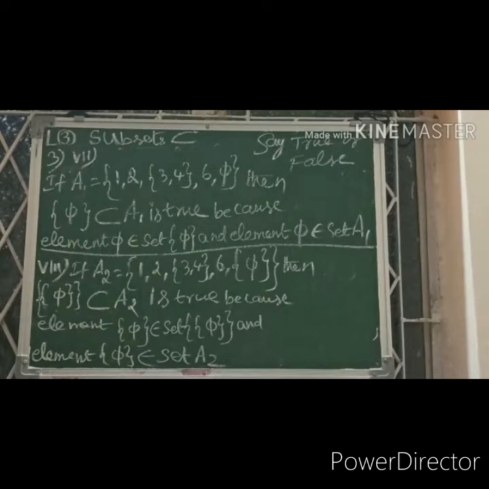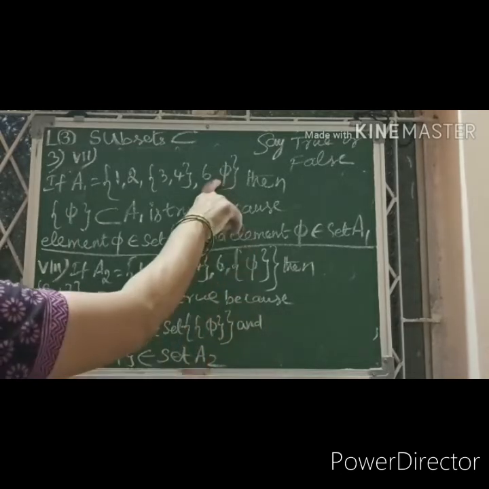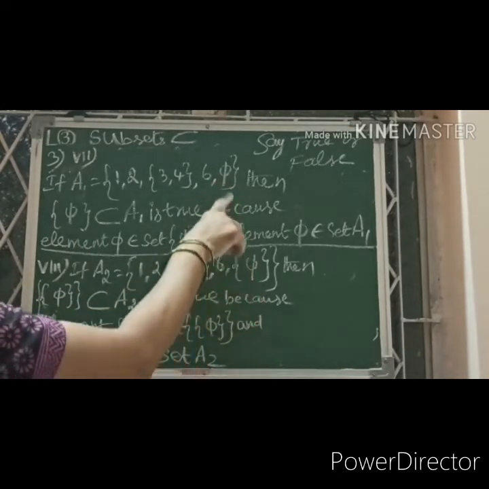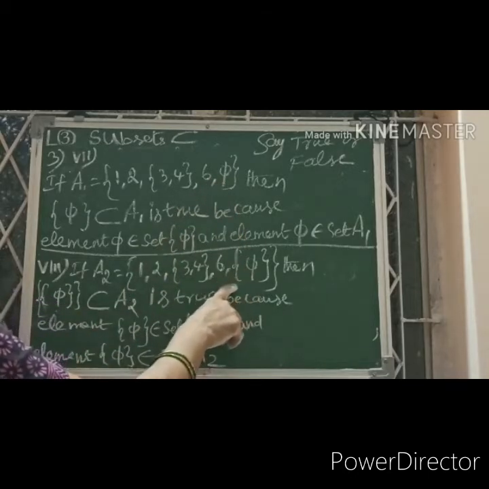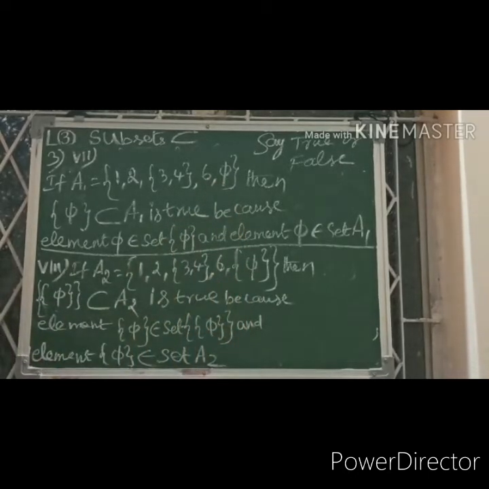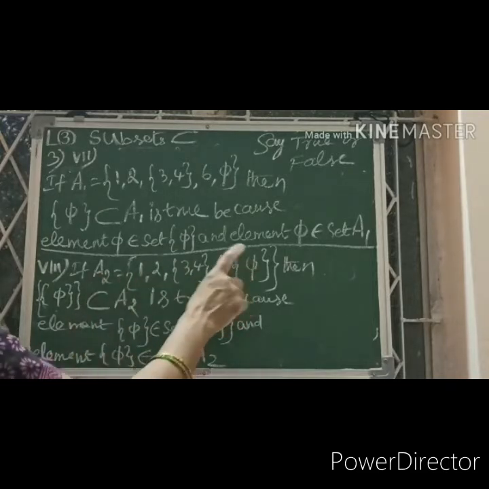Come to the eighth part, slightly different. What is the difference? Here curly bracket phi is given, not simply phi. Then set double curly bracket phi is a subset of set A2. Yes, it is true because element curly bracket phi belongs to set double curly bracket phi, and element phi belongs to set A2.